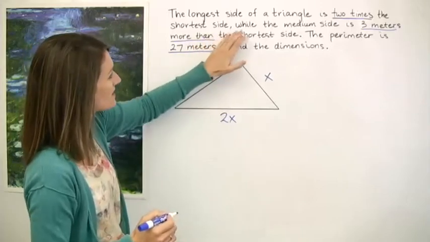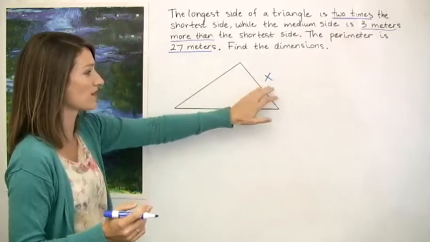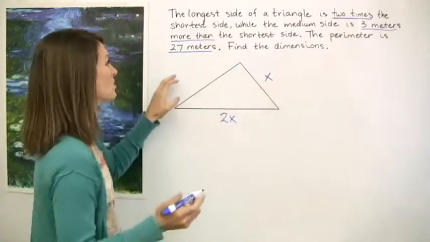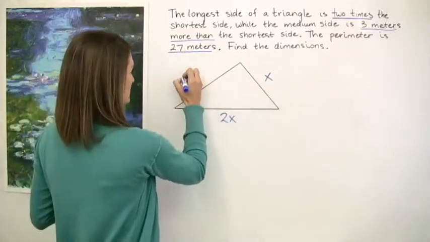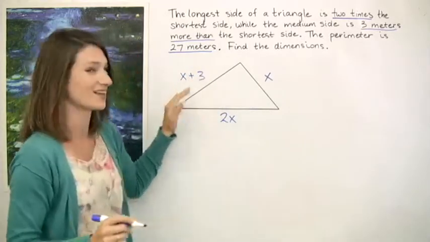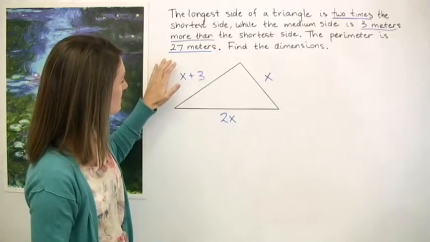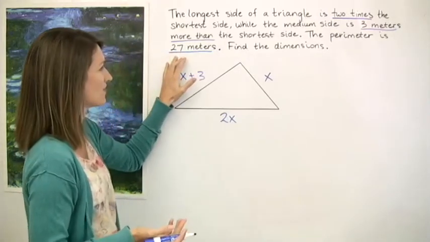Now continuing on, it says the medium side of our triangle is 3 meters more than our shortest side, x. So 3 meters more than, we can write the expression x plus 3 to represent the length of the medium side. And so our final information that the problem gives us is that the perimeter is 27 meters.